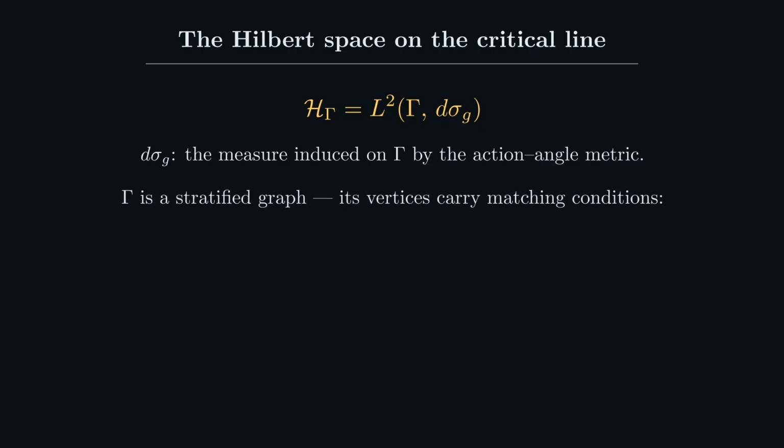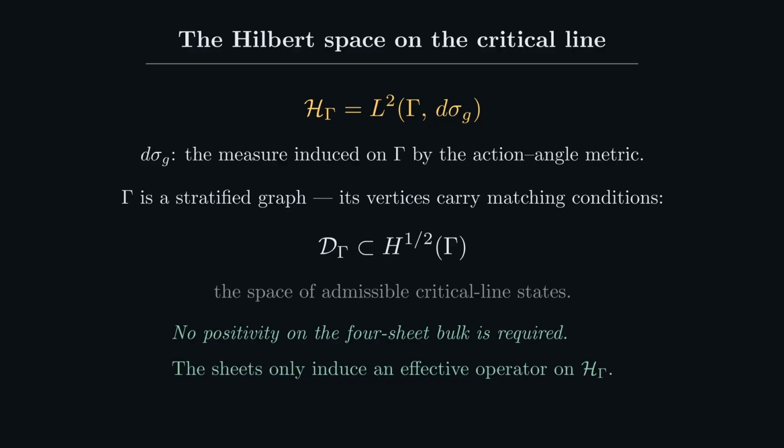So we're basically getting that measure from the surfaces induced onto gamma. We also have to specify matching conditions on the vertices. There's a lot that needs to be specified and done here.